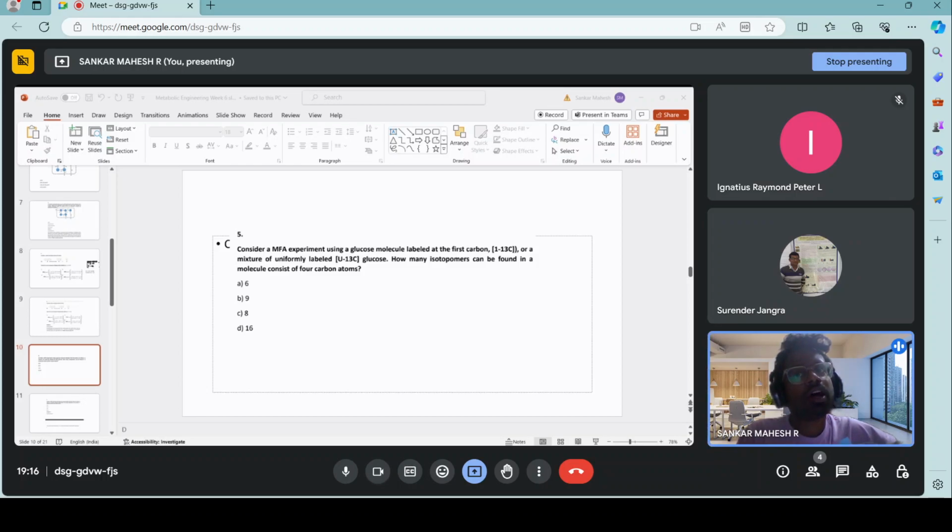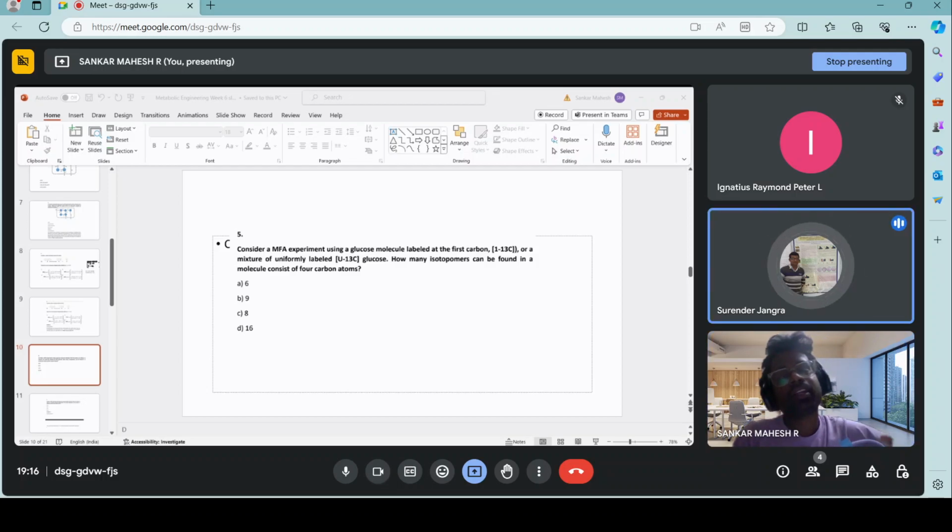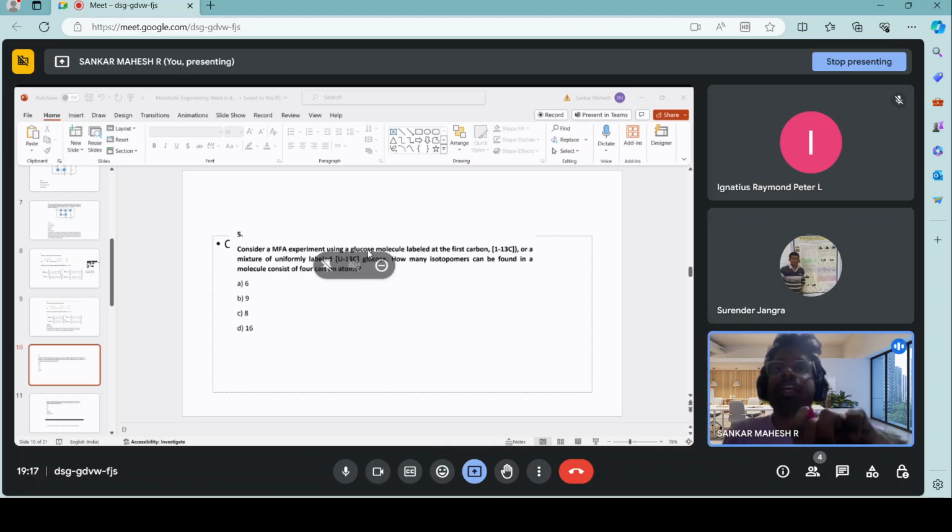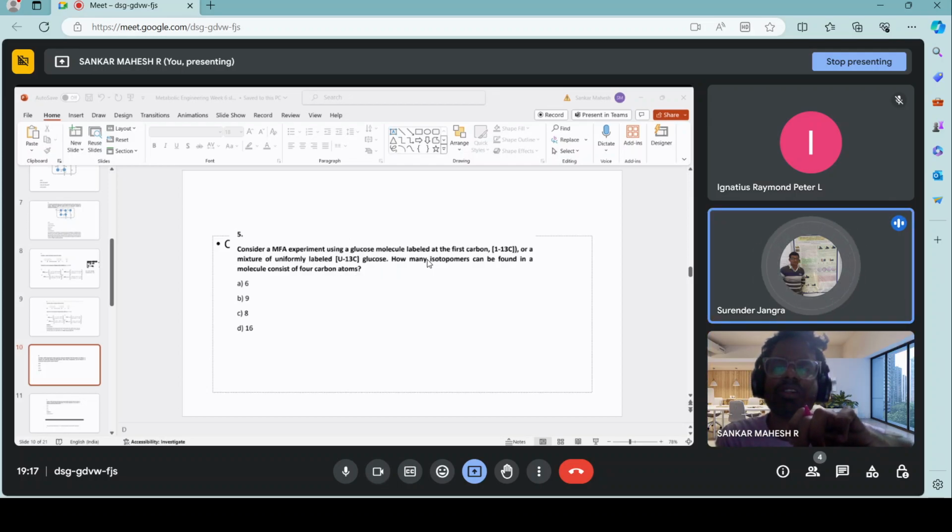That is where you have the uniformly labeled glucose. It is written: or a mixture of uniformly labeled glucose.